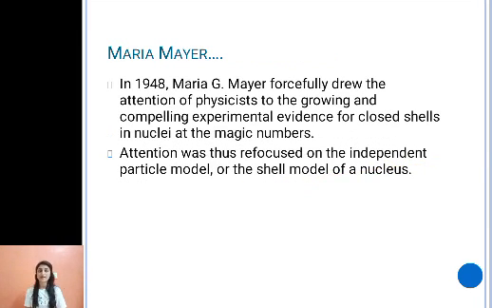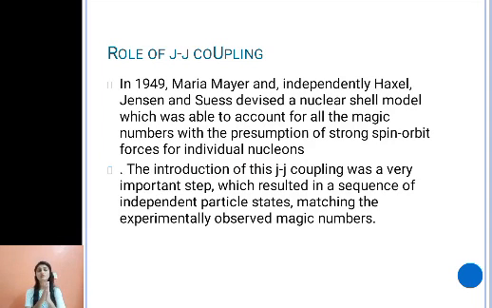In 1948, Maria Mayer forcefully drew the attention of physicists to the growing and compelling experimental evidence for closed shells in nuclei at the magic numbers, and attention was thus focused on the independent particle model, or the shell model of the nucleus.